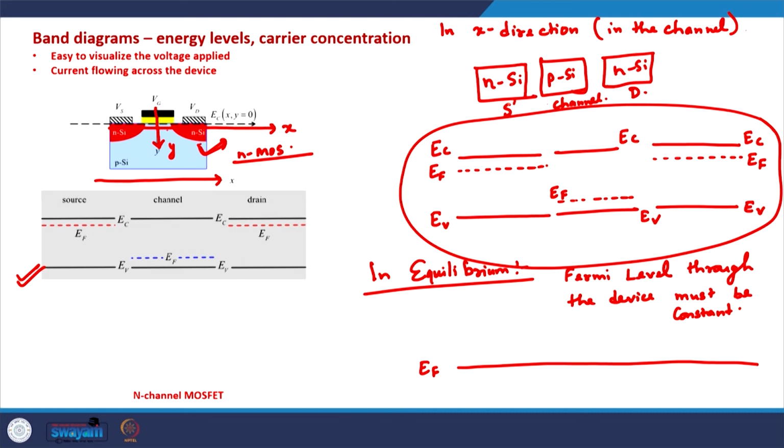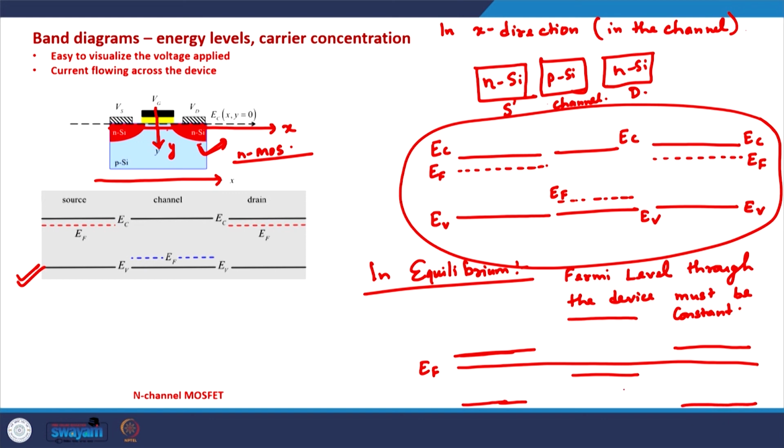Far away from the junction of source and channel, the conduction band edge will be here, the valence band edge will be here. Similarly, far away from the junction in the channel, the conduction band edge is here, the valence band edge is here. Similarly, far away from the junction in the drain region, the conduction band edge is here, the valence band edge is here.